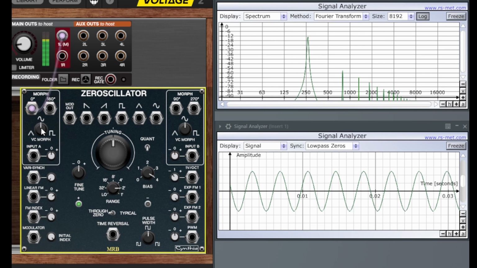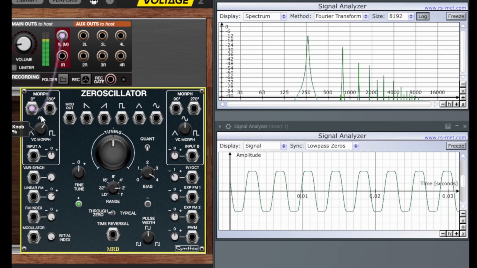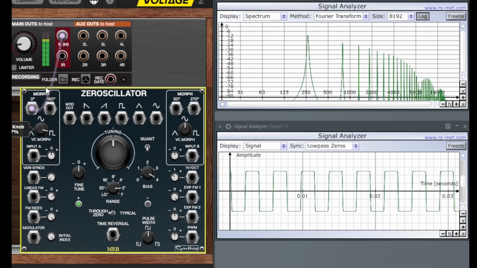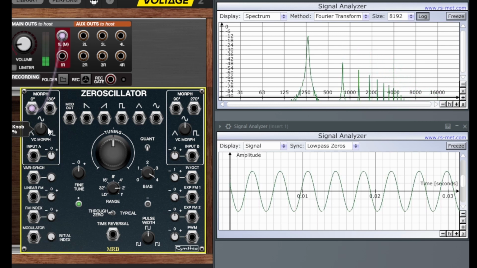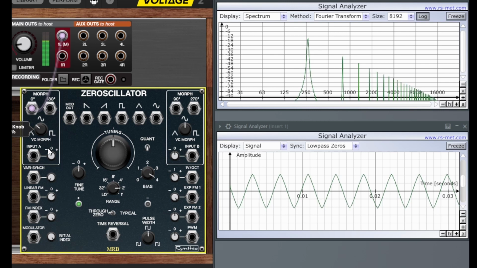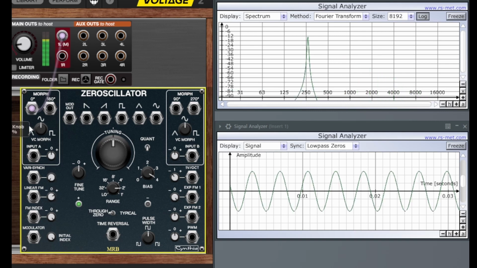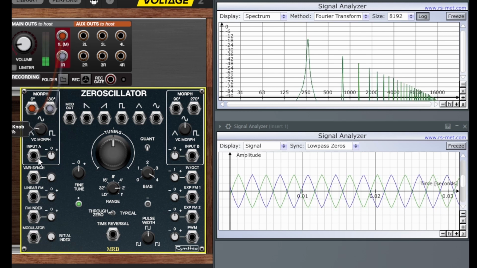The spectrum in the upper signal analyzer depicts the smooth and seamless morphing process in more detail than the wave shape display below. Each of the two morph sections offers its current wave shape in two versions with a phase shift of 180 degrees.